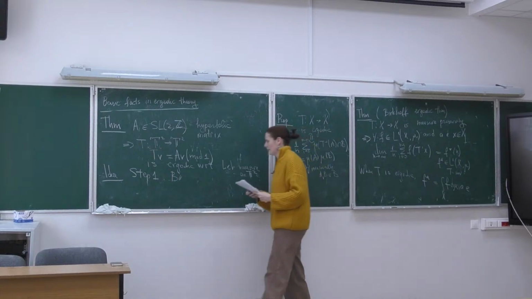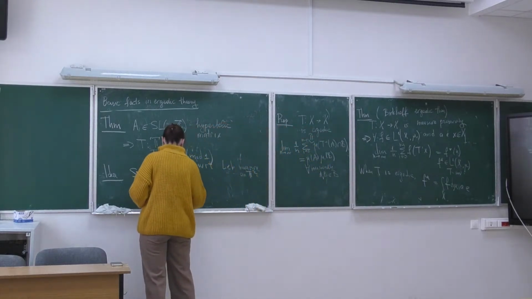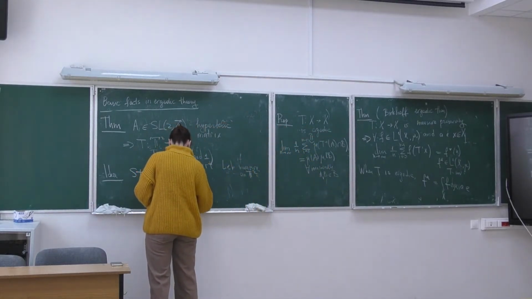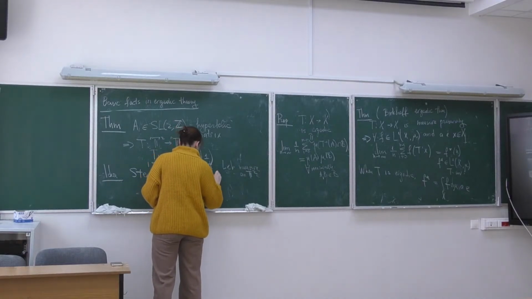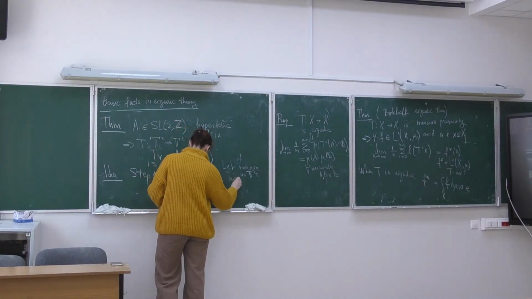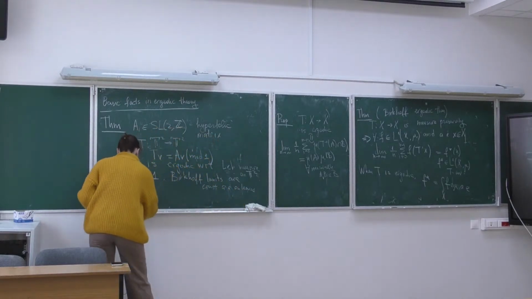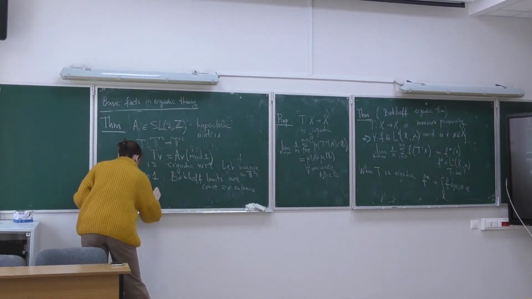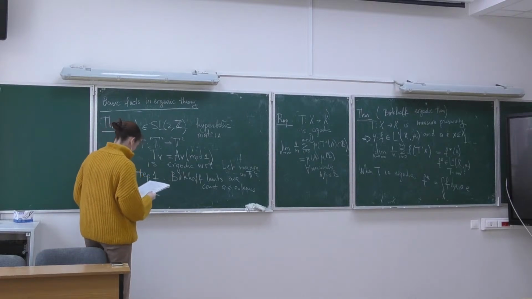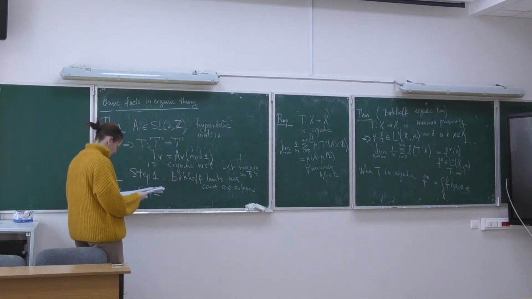So the first step will be to prove that Birkhoff limits are constant almost everywhere on leaves. The second step is to apply Fubini's theorem.